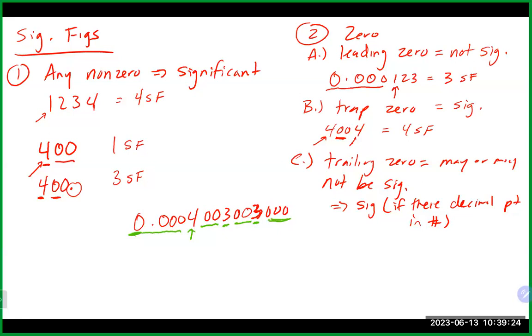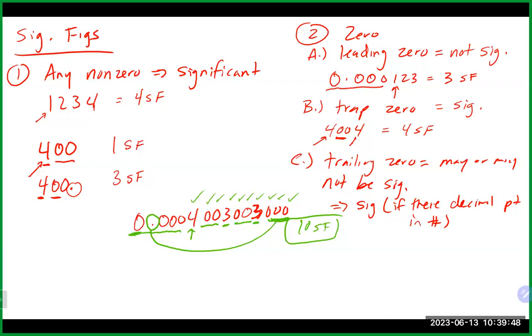Now we have these zeros at the end. Are they significant? They are significant because way back over here, there's a decimal point in the number. It does not need to be sitting next to them. So that is, I lost track, but I think you're right there: 1, 2, 3, 4, 5, 6, 7, 8, 9, and 10 significant figures. Any questions on that there?